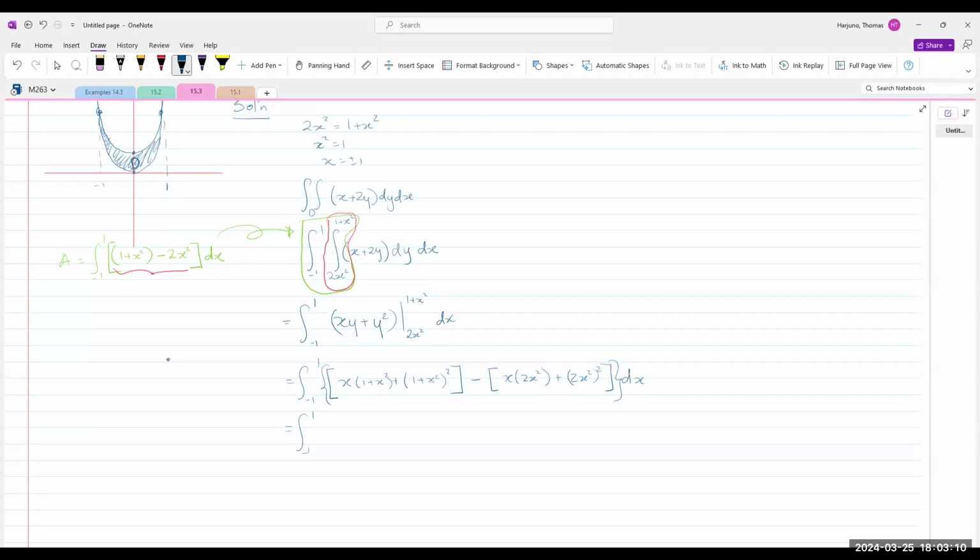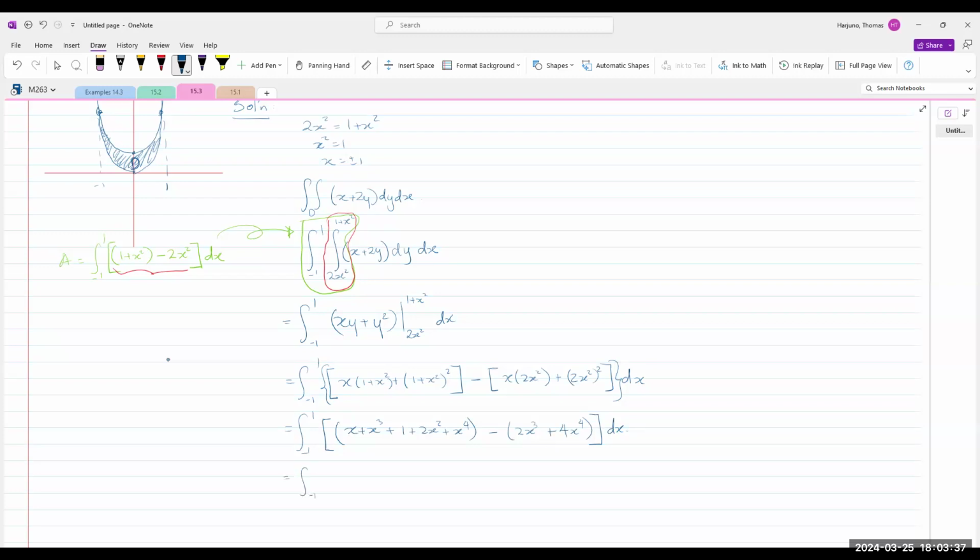Okay. For example, if I break it up, here I get x plus x cubed plus 1 plus 2x squared plus x to the 4th minus 2x cubed plus 4x to the 4th dx. Is it right? Okay, go on further.